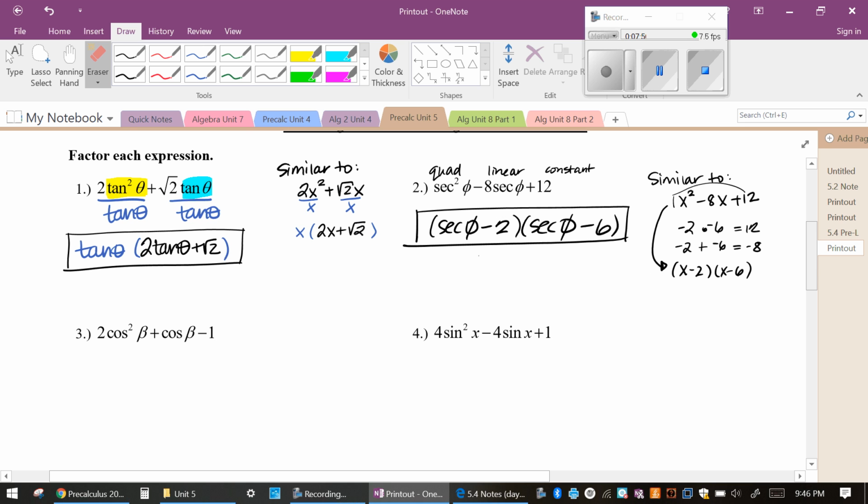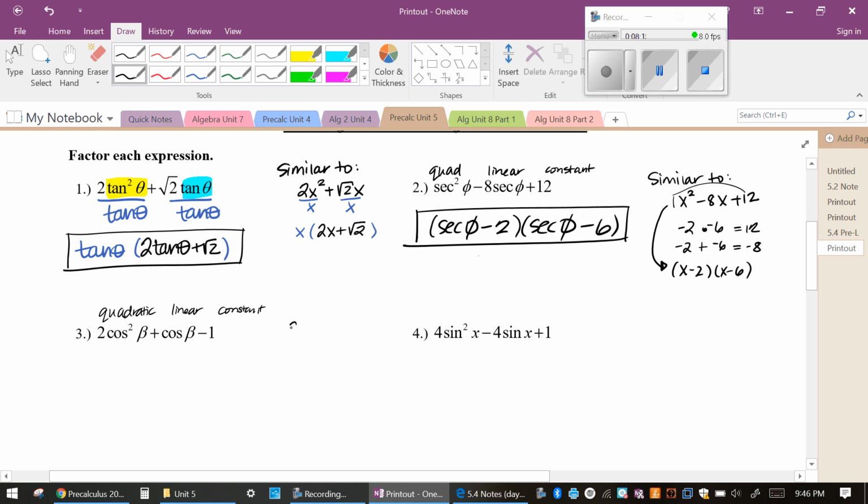Okay, number 3. Good news is they're using only one trig function, which is great because that means we don't have to transform it in any way. You should notice that you have a quadratic term, a linear term, and a constant term.